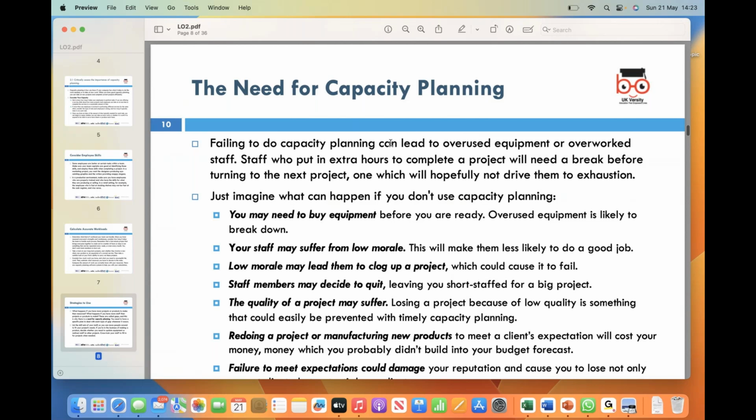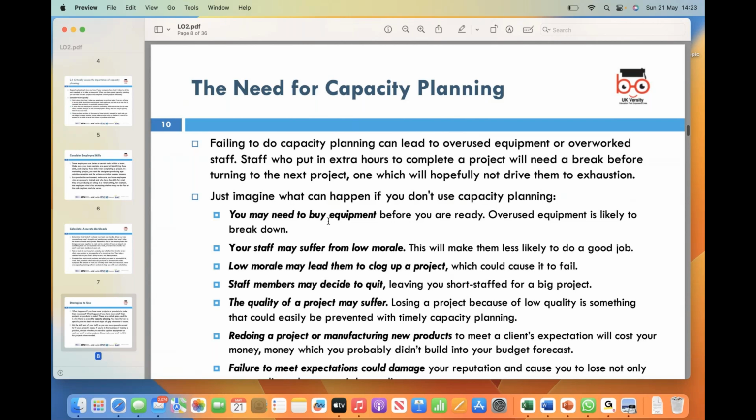So just imagine what can happen if you don't do capacity planning. You might find yourself with overused equipment or overworked staff. This can result in equipment breakdowns and exhausted employees who desperately need a break.